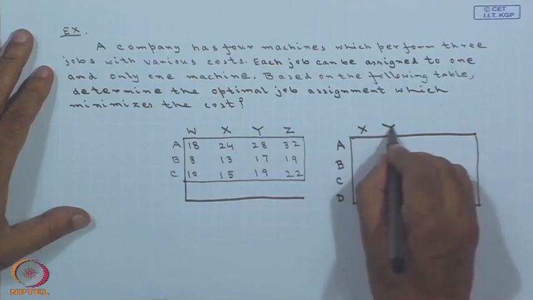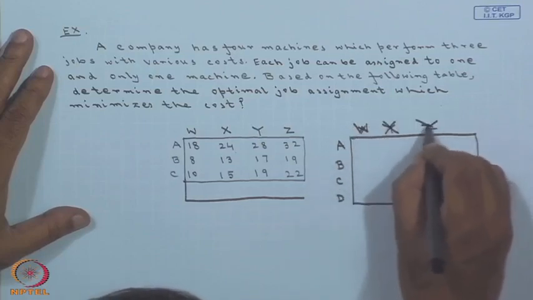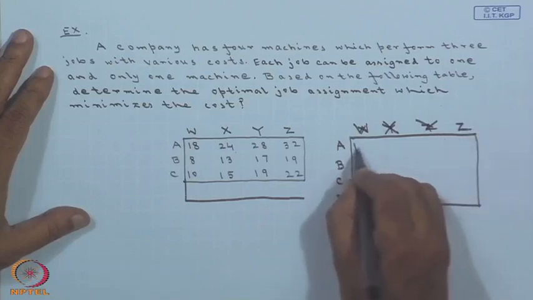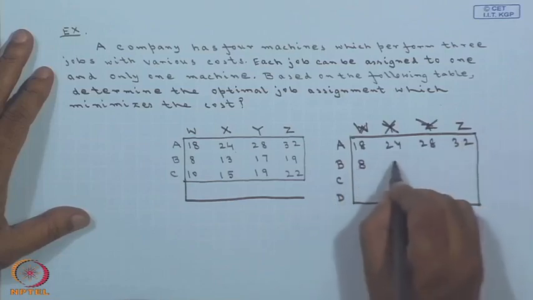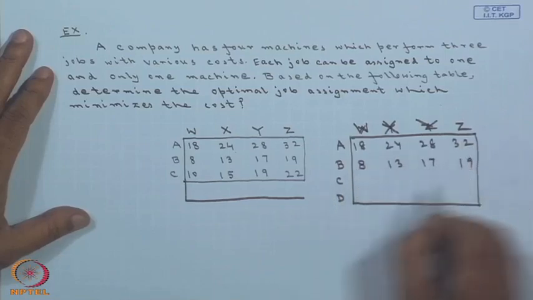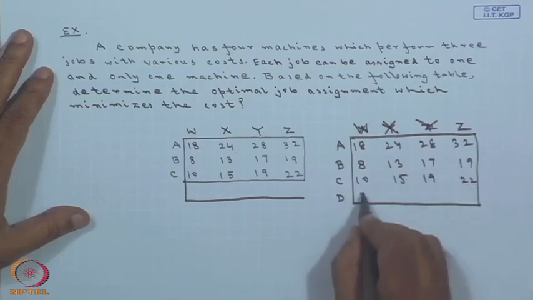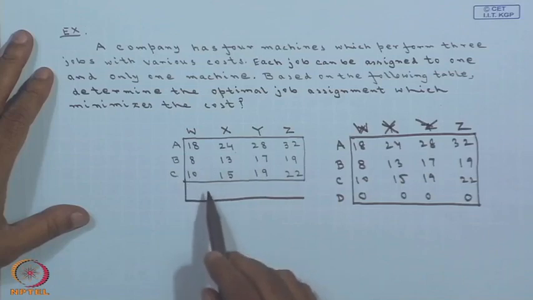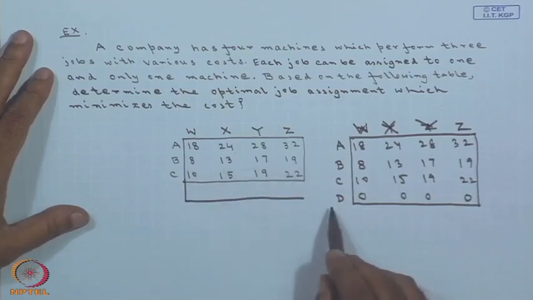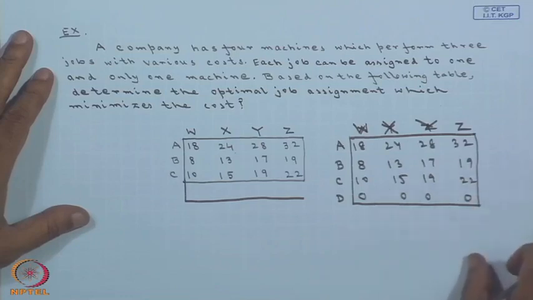So add one more row, with columns W, X, Y, Z: 18, 24, 28, 32; 8, 13, 17, 19; 10, 15, 19 and 22; and for the dummy row the cost will be all zeros. So, this is the table. Since it was not balanced, the cost matrix was not square. By adding one row you are making it a square matrix, or if required you can add a column.